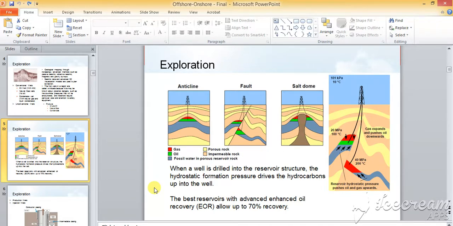Secondly, if you see here, we have shown the gas in red, oil in green, and water in blue. Then the rocks are segregated into porous rock and impermeable rock. Porous rock is usually the sandstone that you might have heard about in the earlier video.